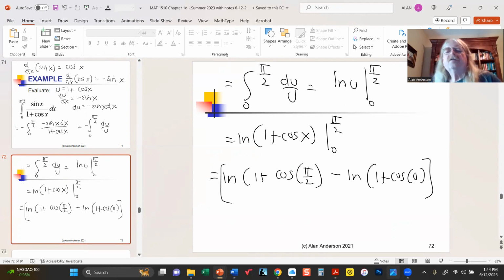Okay, so the first thing we need to do is go figure out the cosine of pi over 2. You can do that on your Texas Instruments calculators if you want. I'm going to just pop open Symbolab.